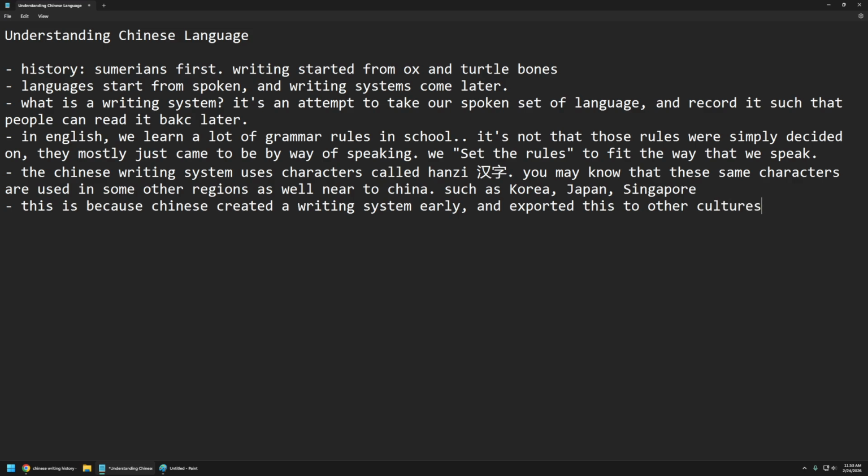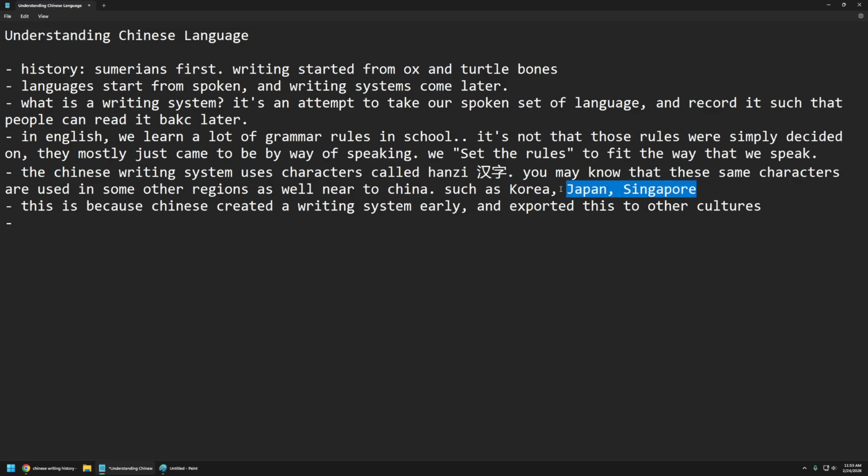So maybe they did it in exchange for trading, or maybe they just shared it as a technology to establish relationships with other people. Who knows? I mean, it's probably known. I don't know that, though. Doesn't matter. So in any case, this knowledge transfer continues to influence those other locations even now.